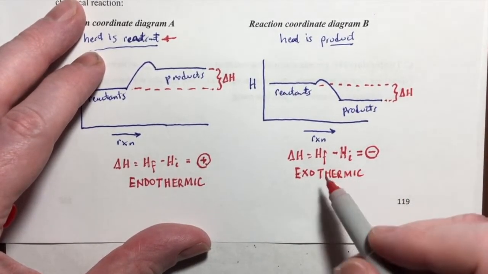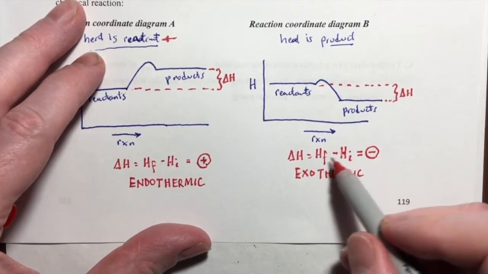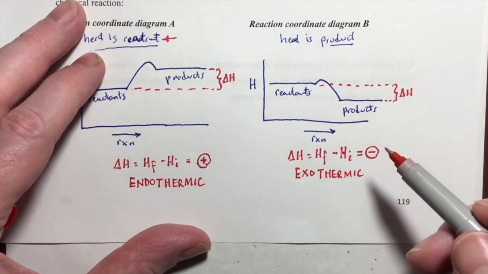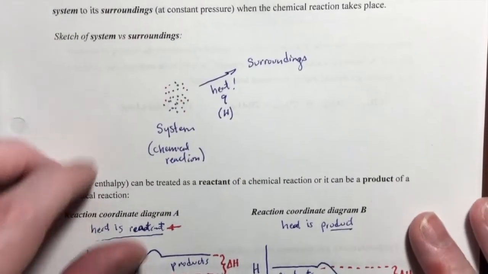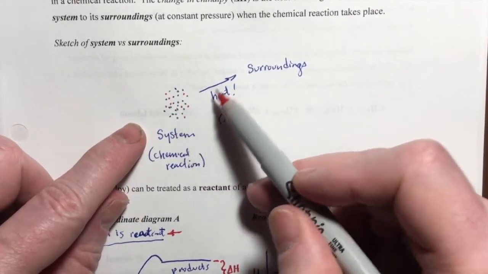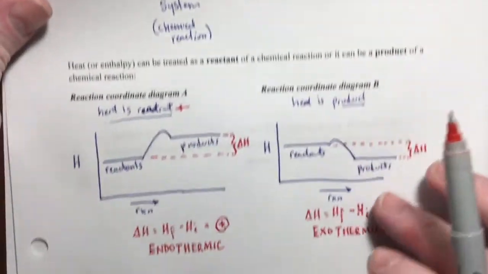Thermic, heat. Heat is going out of the system. So this is the case where we have heat being given off by the reaction. So when I drew a system reacting up here, like a piece of paper burning, it's giving off heat to the surroundings.